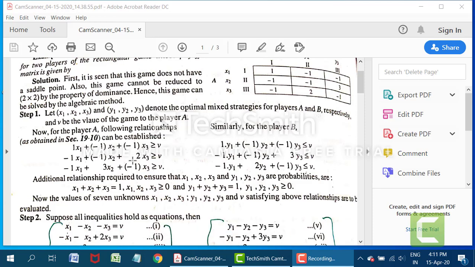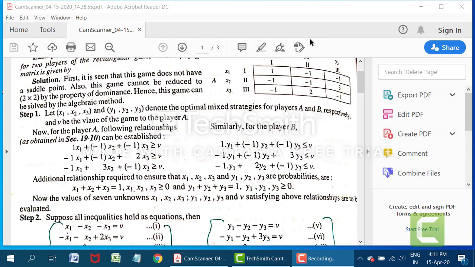That is the expected payoff to the player A when player B always plays with the first strategy. So that should be greater than or equal to nu, the value of the game. Expected payoff must be greater than or equal to the value of the game.